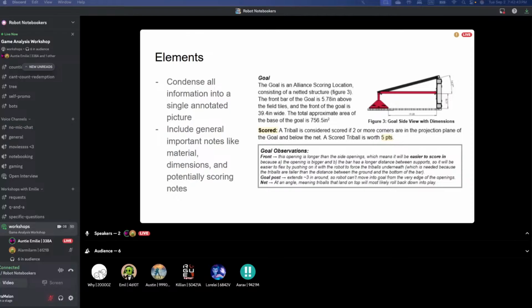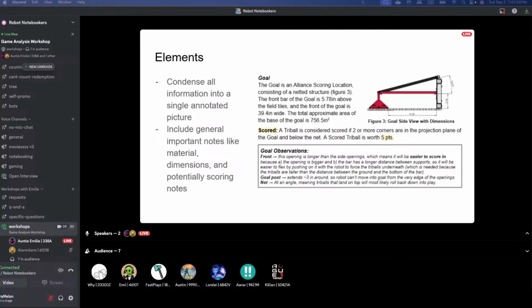So for the elements, one of the biggest things I see is a ton of images that aren't really beneficial. So my best advice there is condense them all into a single annotated picture.